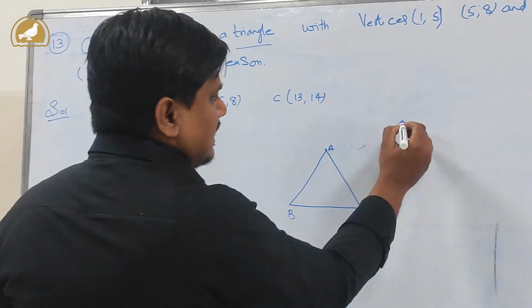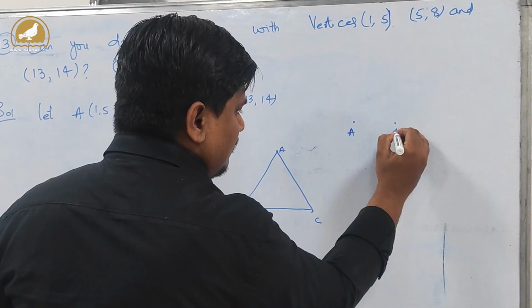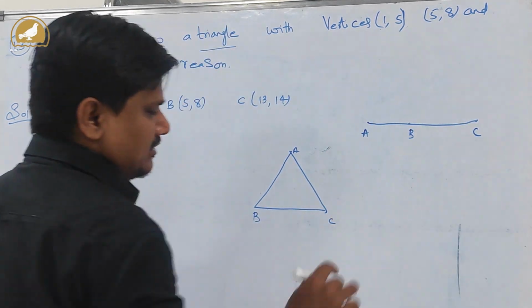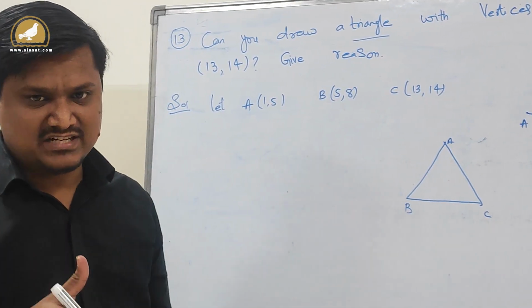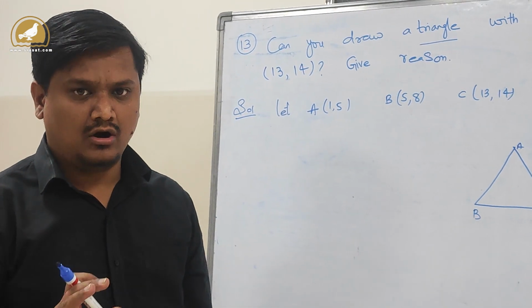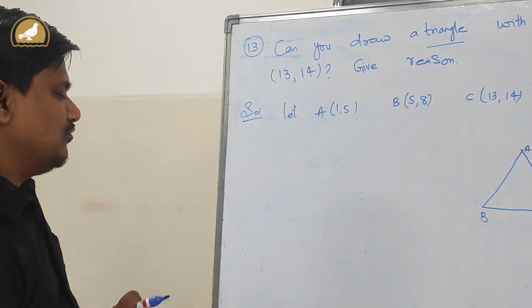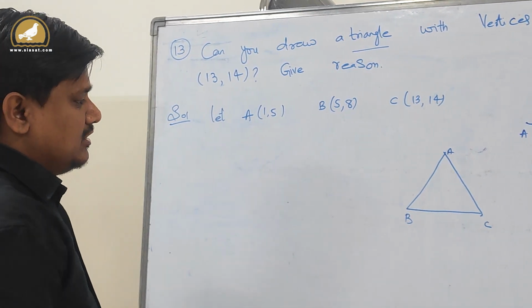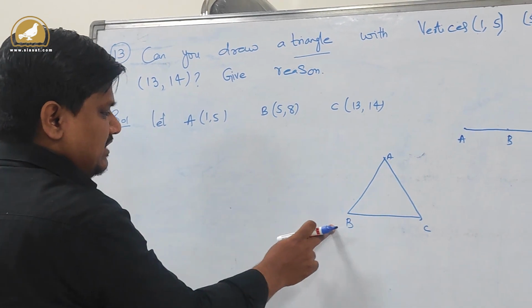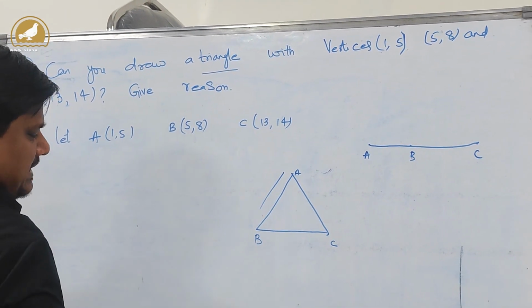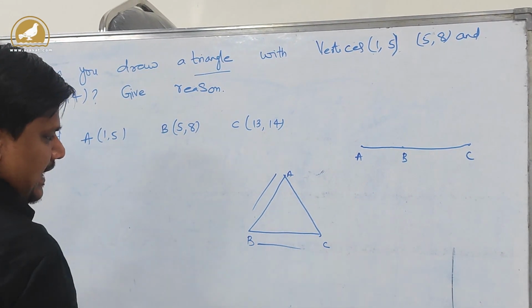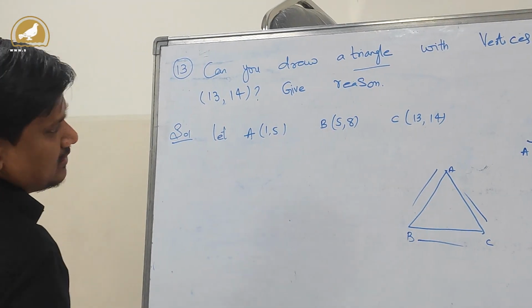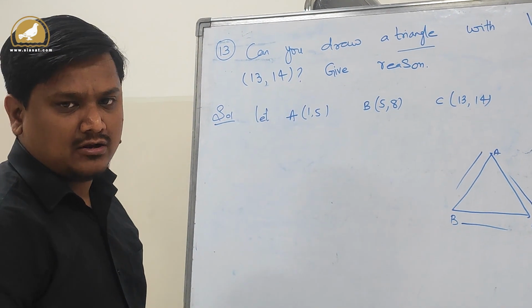So 3 points can either form a triangle or be collinear. How do we prove that these 3 points can or cannot form a triangle? We first need to find the distances AB, BC, and CA. First we'll find the distances, and then we'll see how to check whether these 3 points can form a triangle or not.